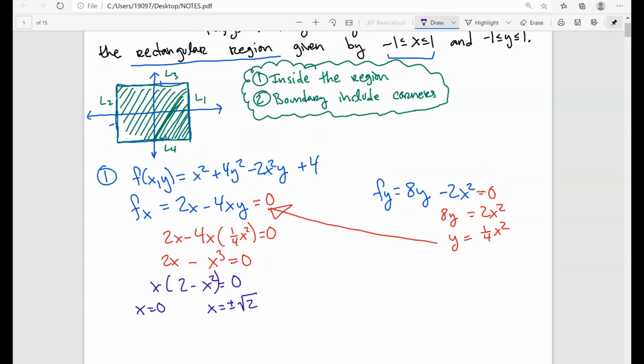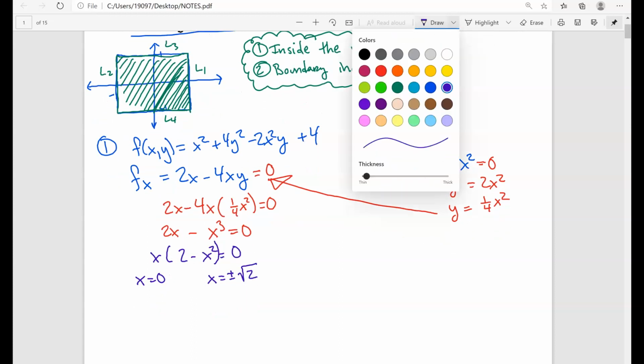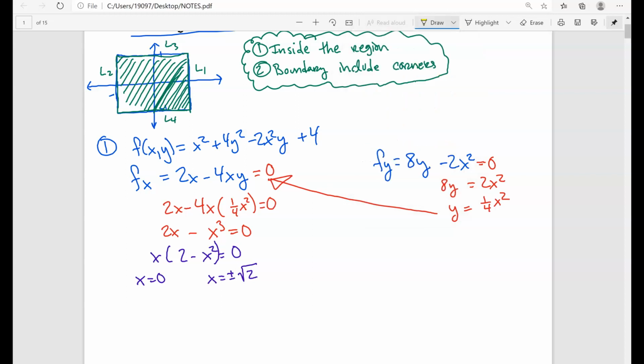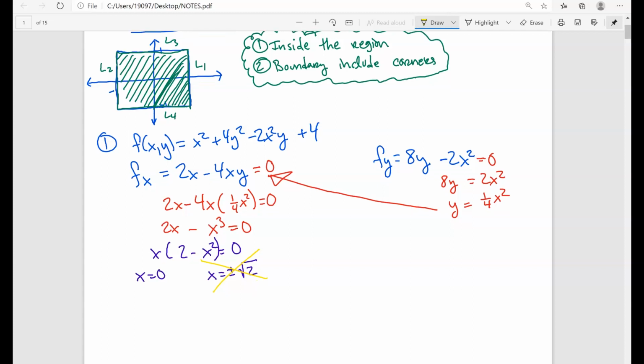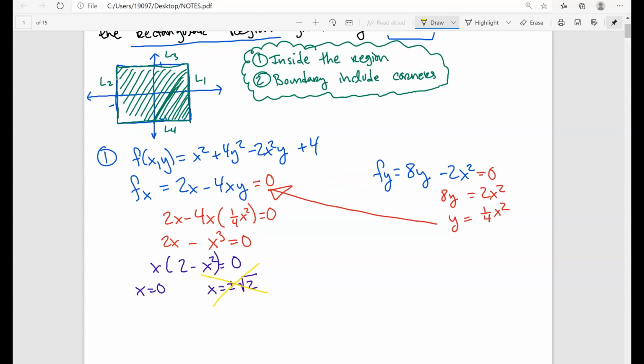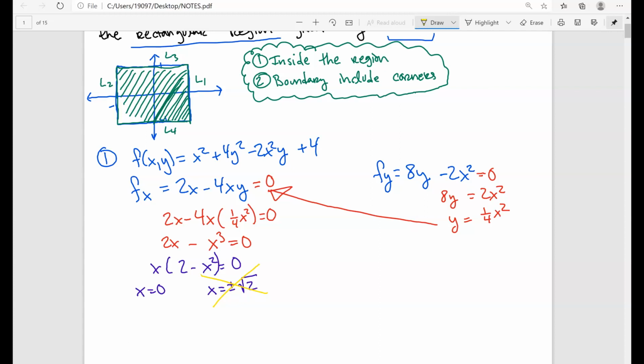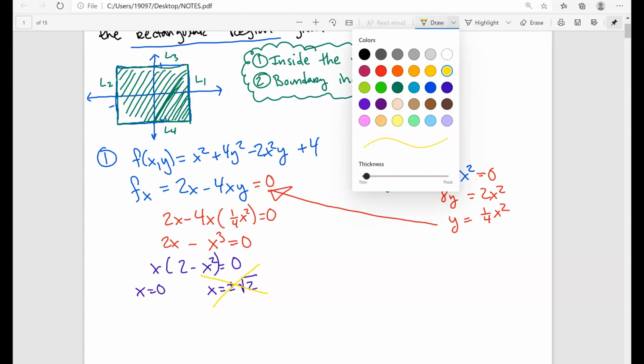Square root of 2 is greater than 1, and the same can be said about the negative. So we're going to exclude these, because they don't lie inside the boundary. We're looking inside of the region, and square root of 2 is not in there, so we can ignore it.